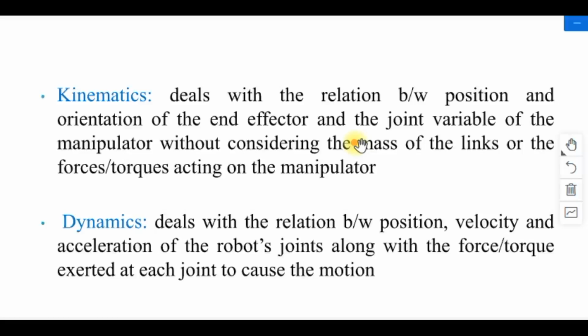So either D or theta, or A or alpha, all are joint variables. So in an MCQ question, it may appear that which are the joint variables. So you have to tick this answer.